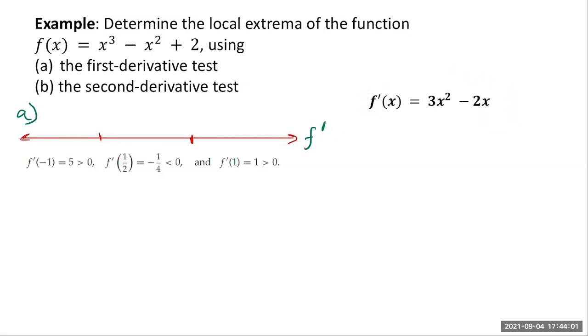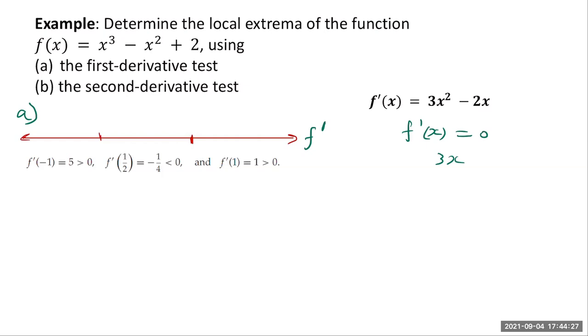So let's find the critical points of f prime, or the zeros of this function f prime of x. By the way, the critical points of these functions are the points where f prime of x is 0, because this function is continuous everywhere. Set f prime of x to 0.